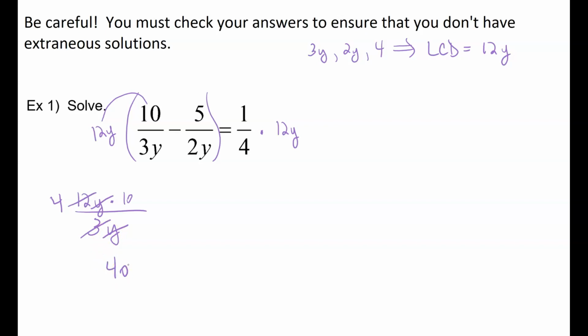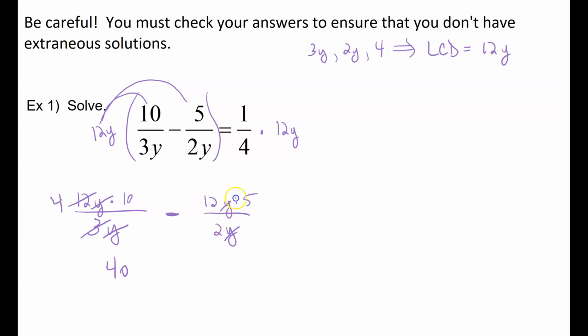Okay. And I'm going to do the same thing for the next one. Be careful when you have a subtraction. So again, I have 12y times 5 all over 2y. It's the same thing. If you've used the least common denominator, your denominator should divide evenly into the term that you multiplied in.